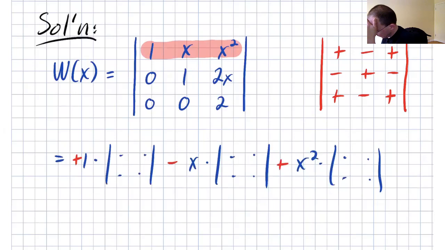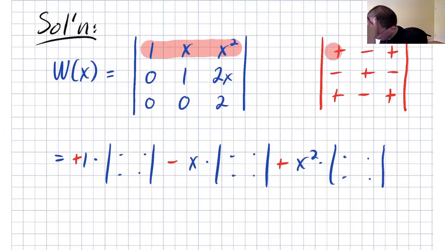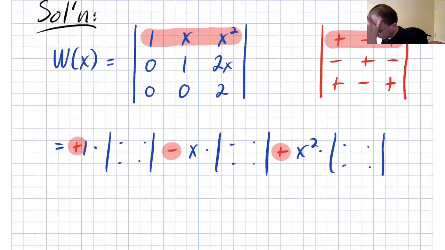Okay, and just to highlight, we used plus minus plus here because of the sign pattern. And then we used 1, x, x squared. That's from this first row. Okay, so now what are these here?